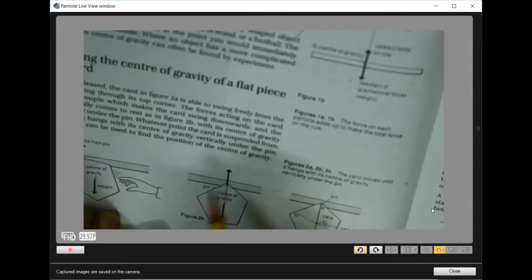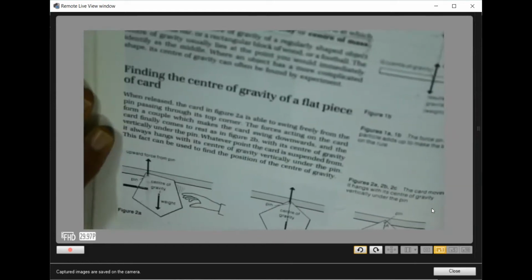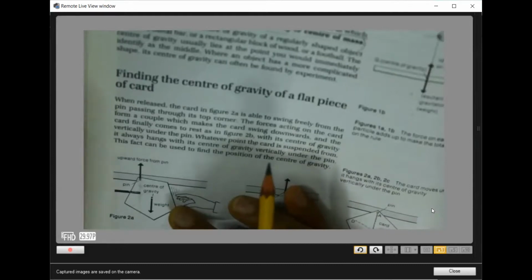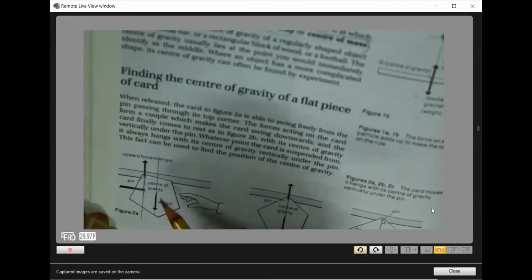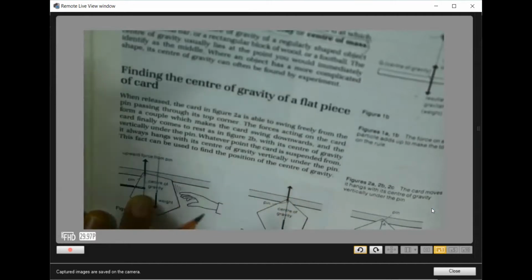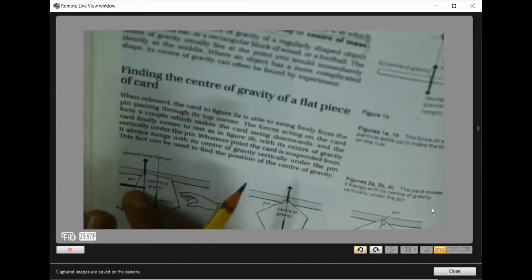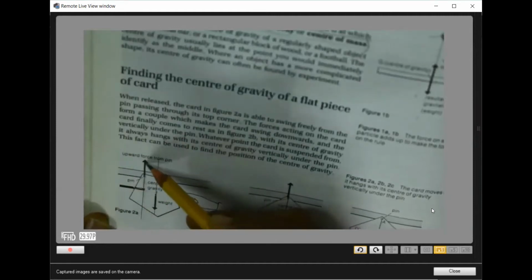But if they have different lines of action, like in this picture, instead of canceling out each other, each one will have a turning effect. As a result, the thing will tilt until the upward force comes in the same line as the weight. You understand?